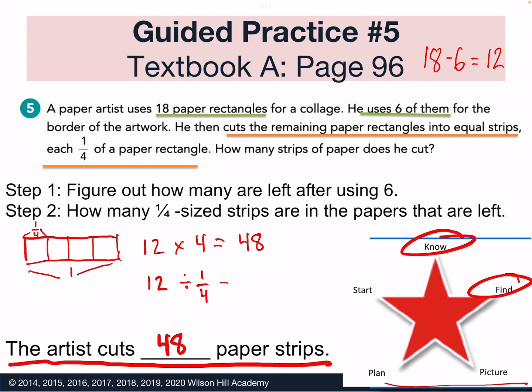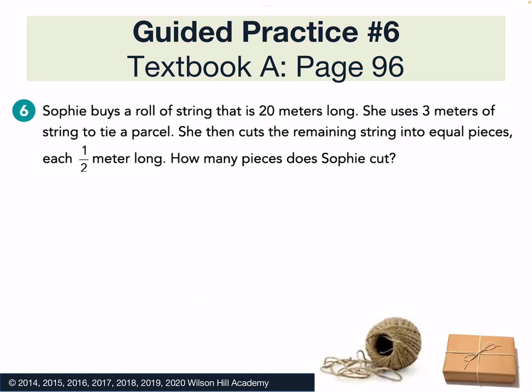In order to divide by fractions, you already know that you're going to multiply by a reciprocal. So you're going to use an inverse operation with an inverted fraction, okay? And as you multiply across numerator and denominator, you're going to get 48 paper strips. Either way you do it, it works out just fine.